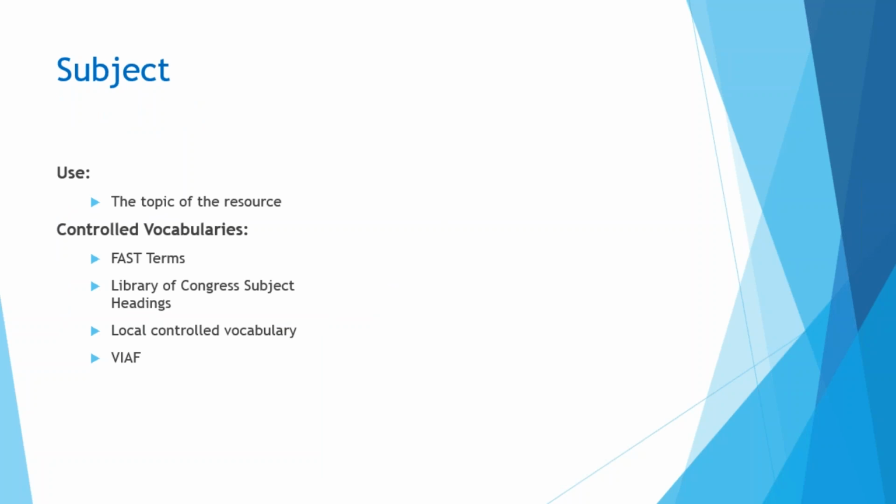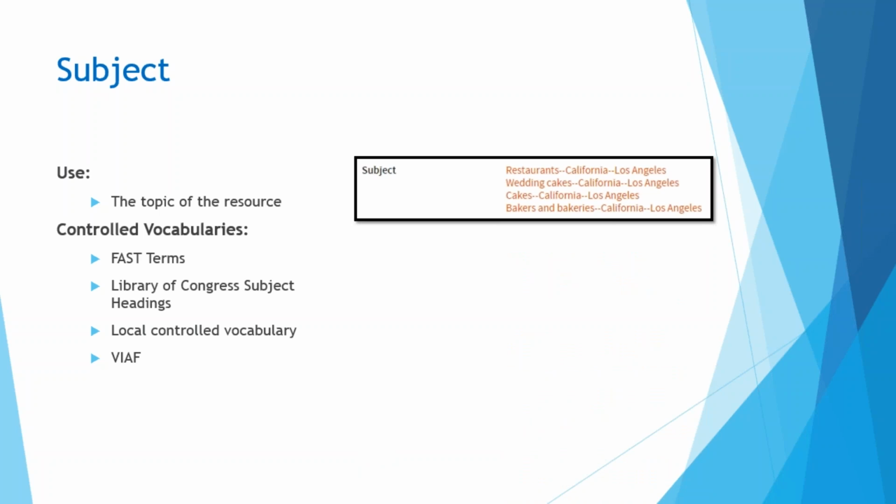So subject. The subject field is strongly recommended and it is repeatable. This field will be visible in the user interface and will link to other resources with the same terms. This field is used to describe the topic of the resource, while a compound term, as in the first image, can provide granularity to a topic.